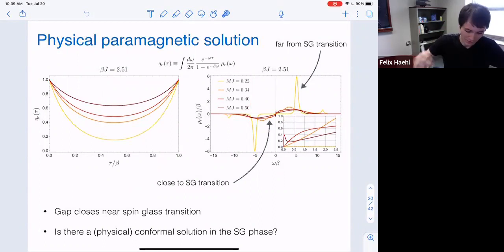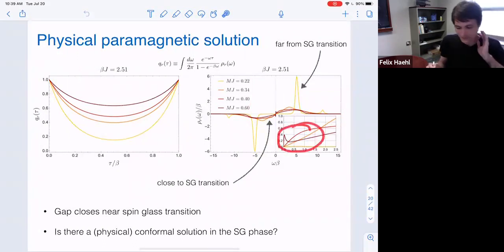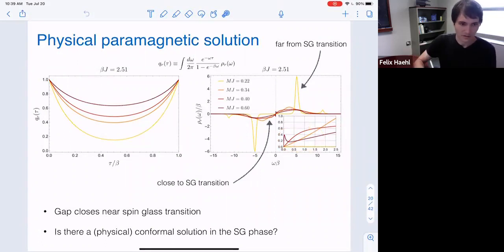Remember, this is all above the transition, but now we go closer to the transition. The dynamics slow down, and then we observe in this spectral function that the gap gets smaller and closes. So the system becomes more gapless.